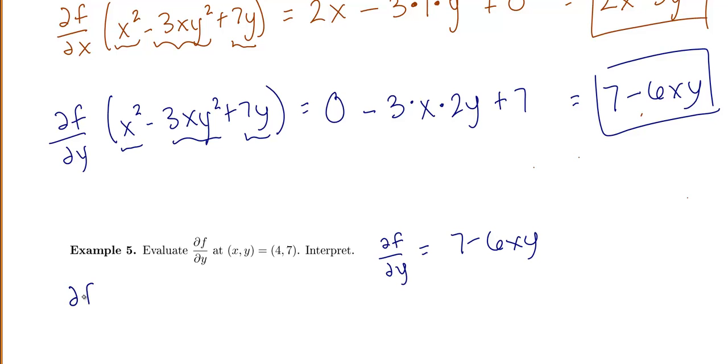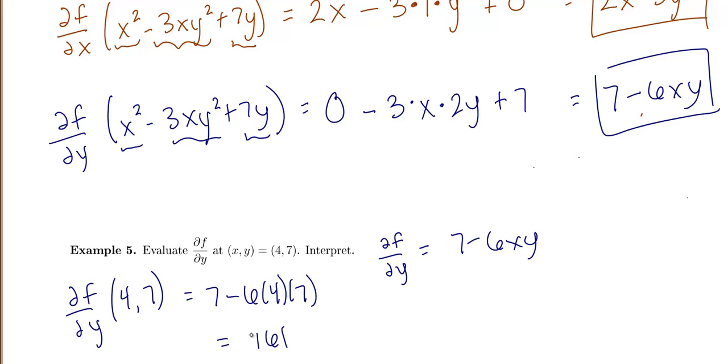One of the ways we can write this is if we're plugging it in, we'll write it like this. This tells me I'm evaluating it at those points. So it's going to be 7 minus 6 times 4 times 7, which is negative 161.